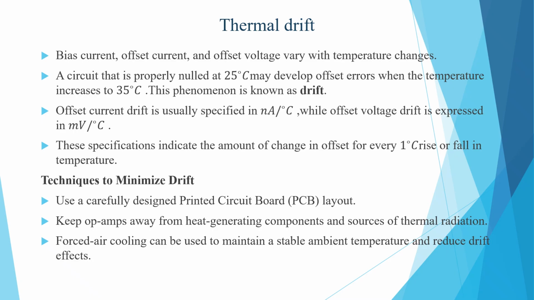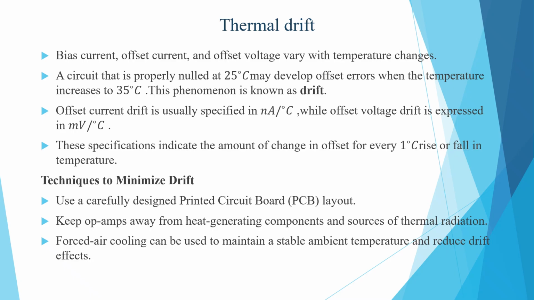Manufacturers specify drift characteristics to indicate how sensitive the op-amp is to temperature changes. Offset current drift is measured in nanoamperes per degree Celsius and offset voltage drift is measured in millivolt per degree Celsius. Smaller drift values indicate better temperature stability.